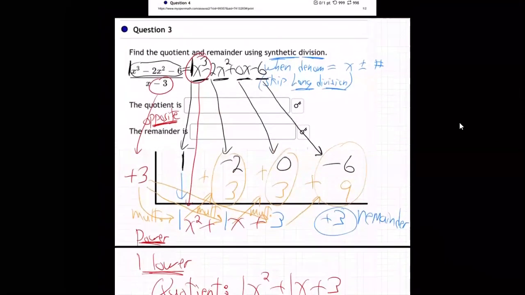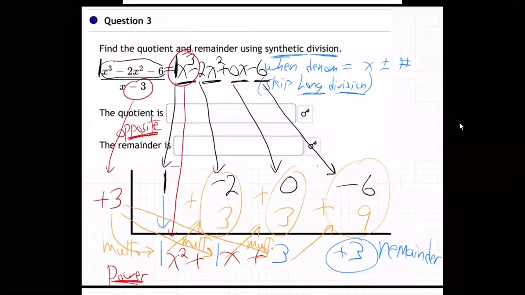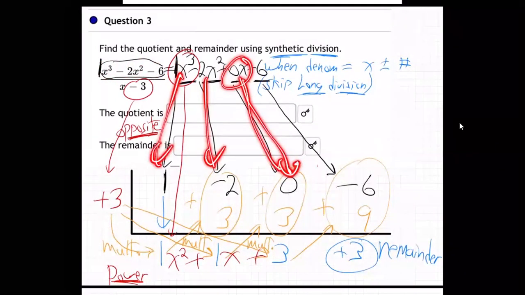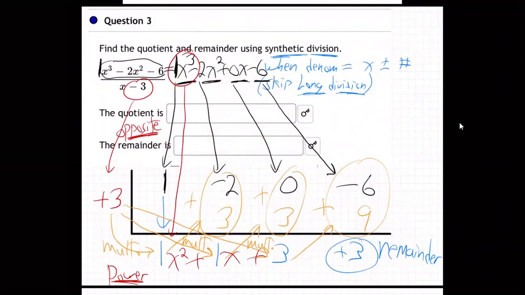So again, how did we do it? We took what they gave us in the numerator, but we noticed a term was missing. x to the third, x to the second, there's no regular x, and then there's just a plain number. So we filled in the regular x as a 0. Brought down the coefficients, 1, -2, 0, and -6. And then we took the denominator, took the opposite of it, and put it on the outside.